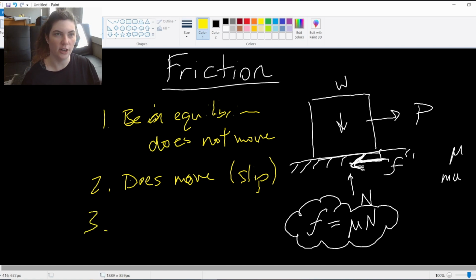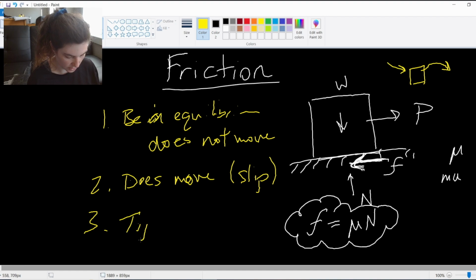And then our third scenario, and this is kind of a new one that we could only do knowing our equilibrium equations, is that the box may also begin to tip over, right? We've seen this before, someone dragging a box or pushing a box along a floor, and then all of a sudden that box starts to take a tumble, right? So the third condition we could have is that the box starts to tip.